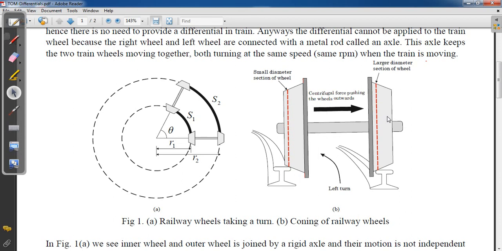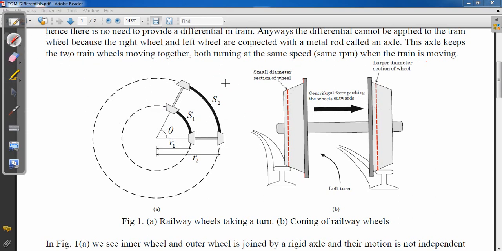Whenever a train is standing at an empty station, with no train coming or going, always be alert. Just try to see a wheel. What you will see is a coning. Normally we see a wheel whose surface is flat, horizontal, but here we have a cone shape, in the downward direction.